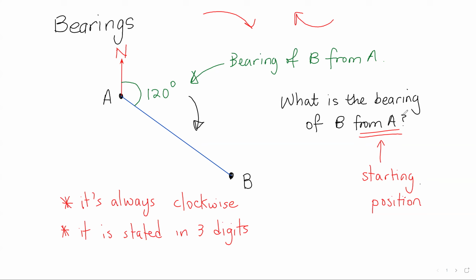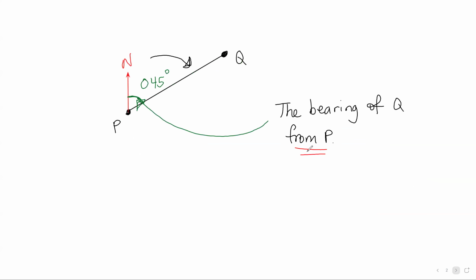So in this one, what is the bearing of B from A? It's from A, so your starting point is at A. That means your north line goes at A. In the second one, the bearing of Q from P: from P means that P is your starting point, so your north line goes at P, and the bearing of Q from P would be the angle formed between the north line at P and the line connecting P to Q. In this case, this was 45 degrees, approximately, since none of these are drawn to scale.